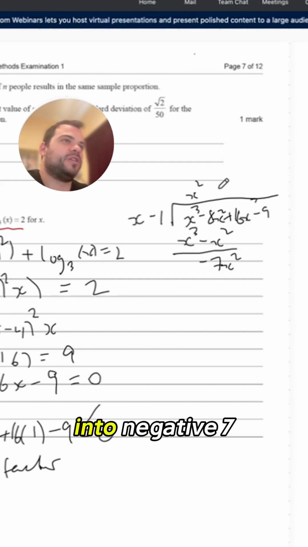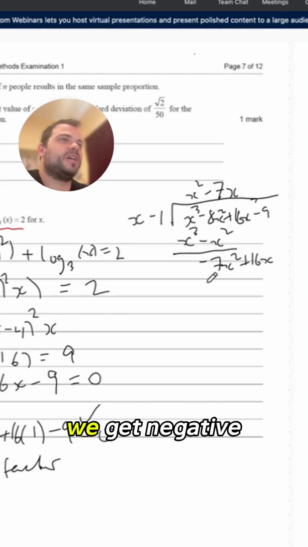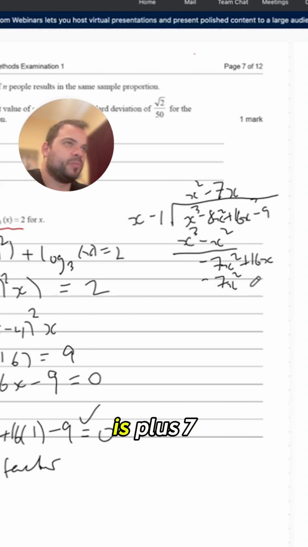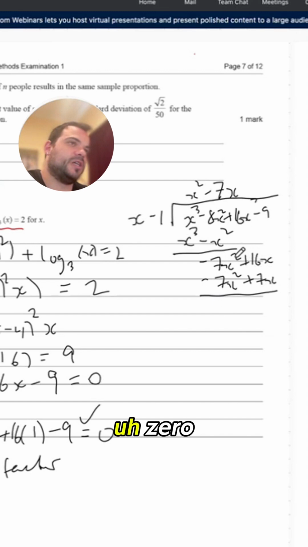So x goes into negative 7x squared minus 7x times. So we want to now multiply back negative 7x, we get negative 7x squared. Negative 7x times minus 1 is plus 7x. And we subtract the two lines and we get 0, and then 16x minus 7x is 9x.